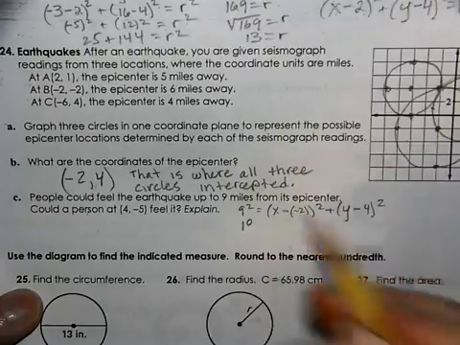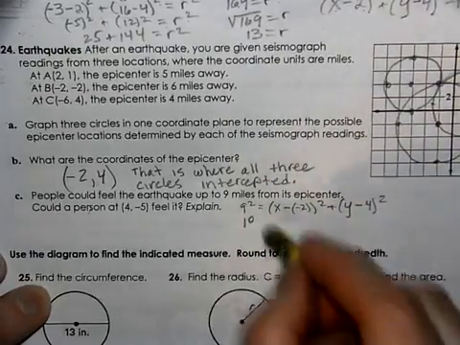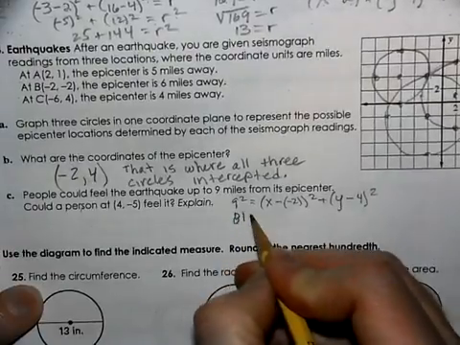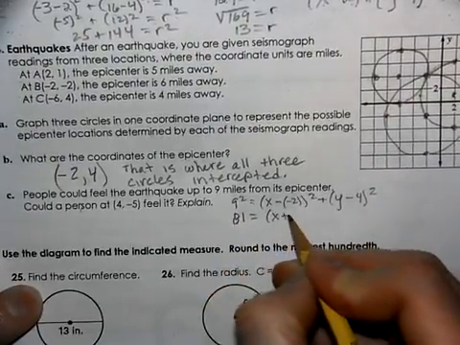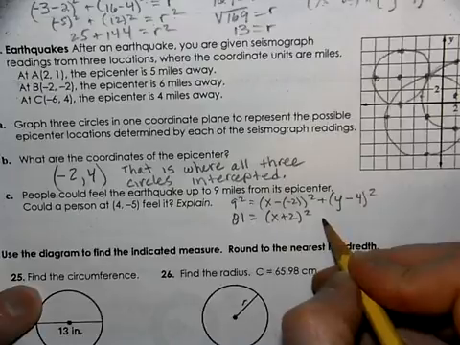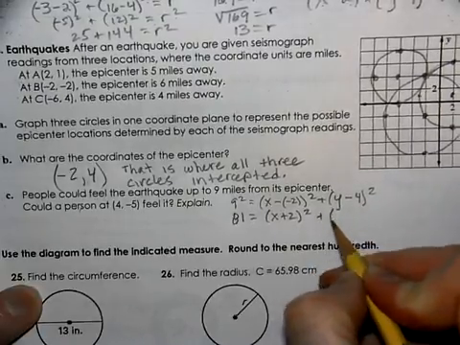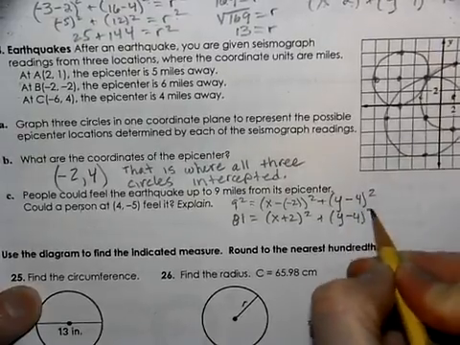So 81 equals (x plus 2) squared plus (y minus 4) squared.